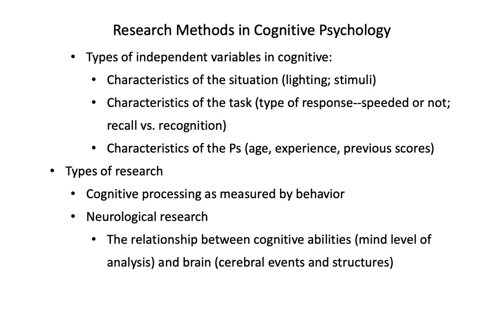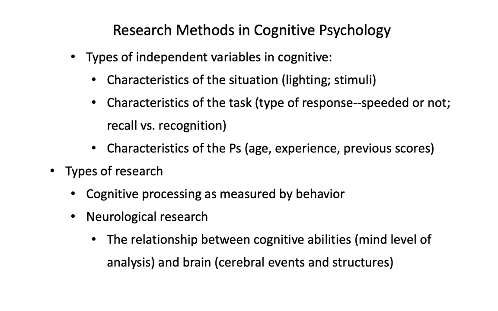This type of research looks at the relationship between our cognitive abilities, so the level of analysis is on what we would call the mind, and also the brain. So this is the brain and mind, or brain-behavior connection. And the brain is being defined as these cerebral events that are taking place, and then the associated structures within the brain.